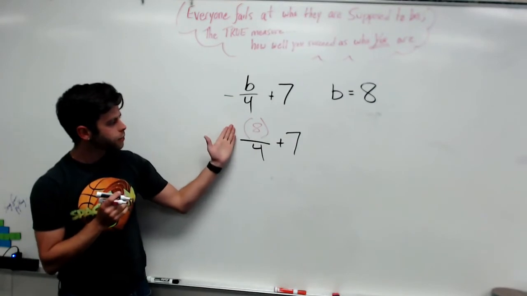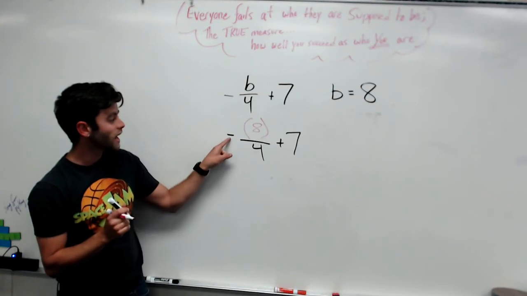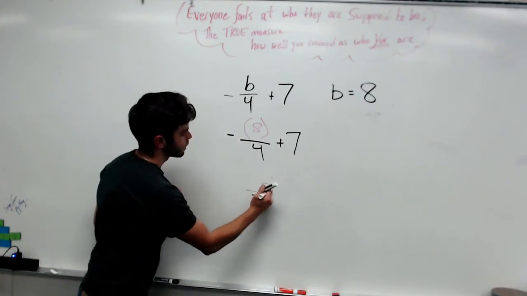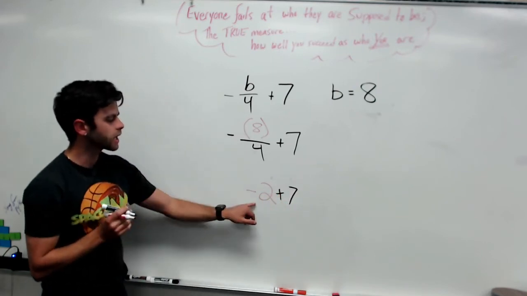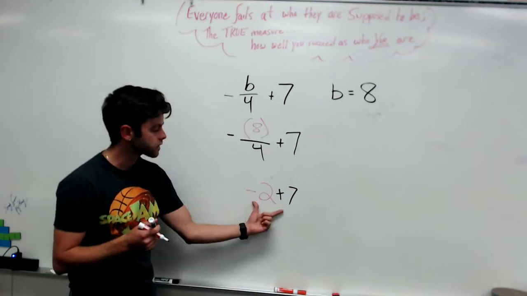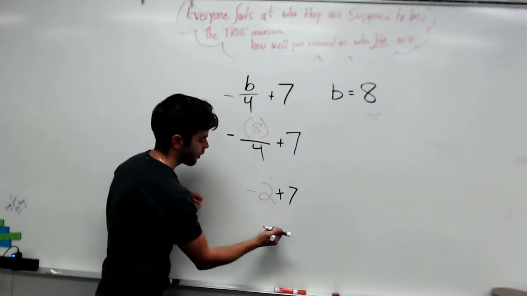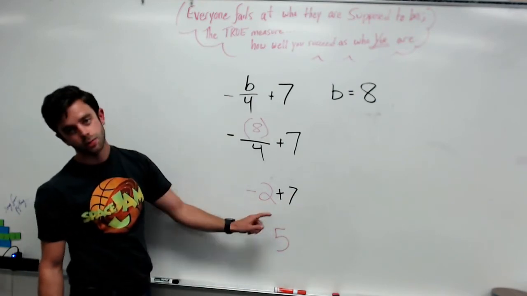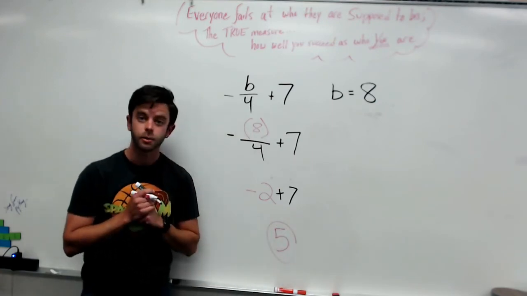Now, you can either ignore that negative and then add it to the bottom, or you could say, well, negative 8 divided by 4 is a negative 2 plus 7. And then negative 2 plus 7, again, two different signs. I subtract them together, so 7 minus 2 is 5. And then I keep the sign of the bigger number, so in this case, we keep that positive. And that's our answer when we have this.